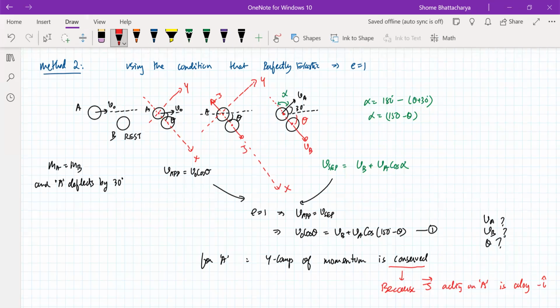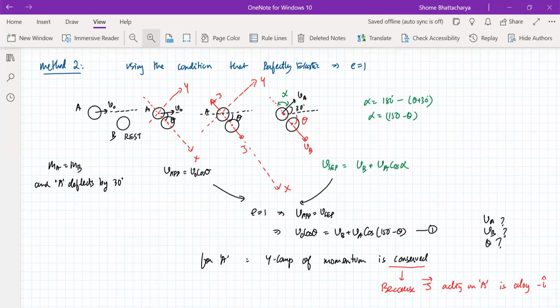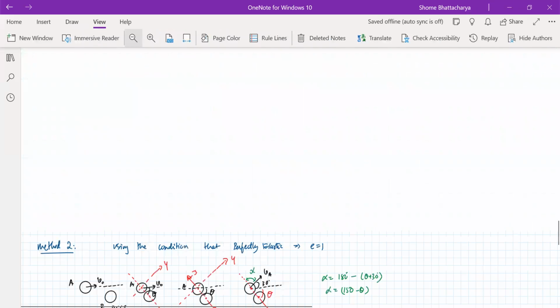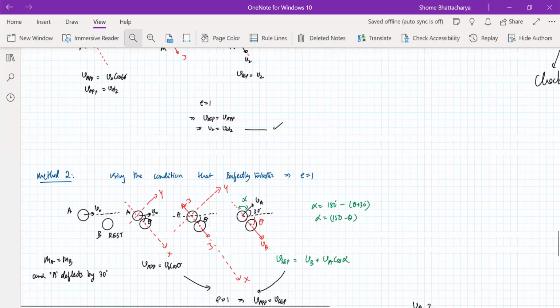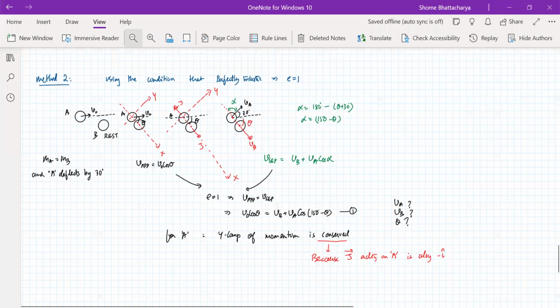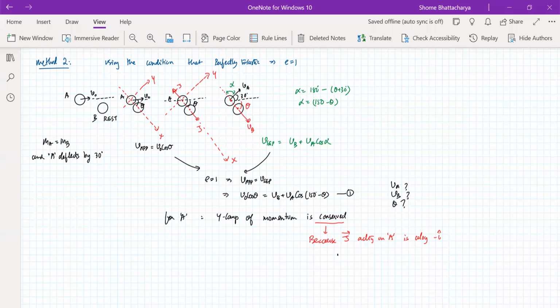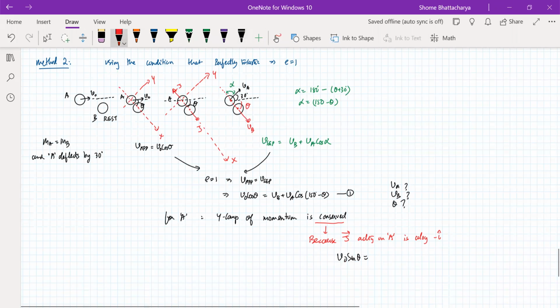So now can you tell me what is the equation for momentum conservation for A along the y-axis? In this diagram, how much is A's momentum along the y-axis? V naught sin theta. And in this diagram, remember, I'm still assuming that the y-axis is somewhere like this, and I don't know that alpha is actually such that V is along the y-axis. So in this case, how much should it be?